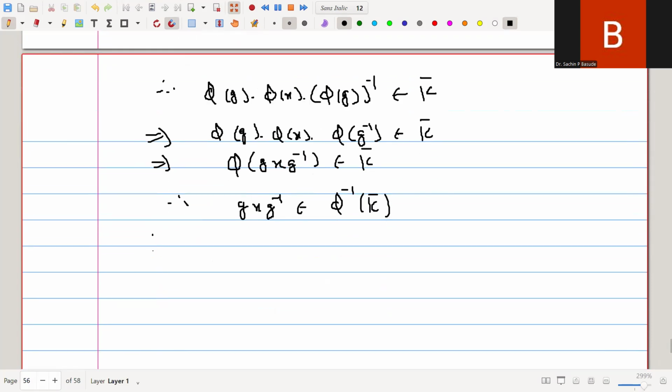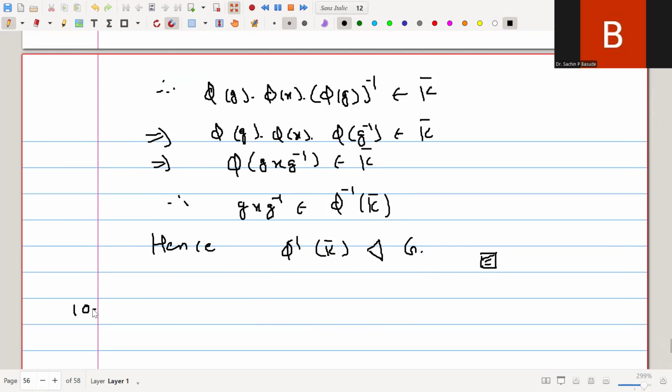Hence, phi inverse of K bar is a normal subgroup of G.